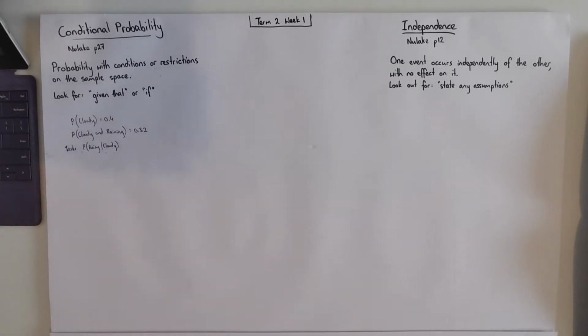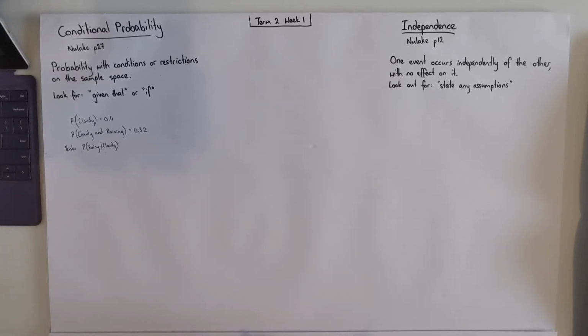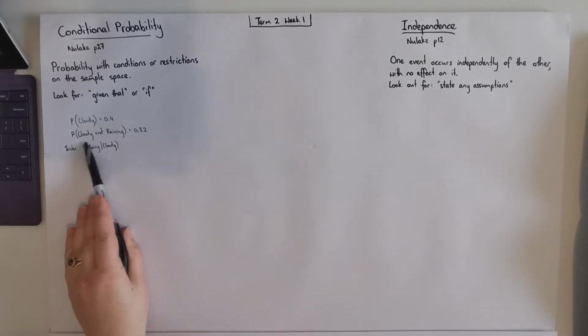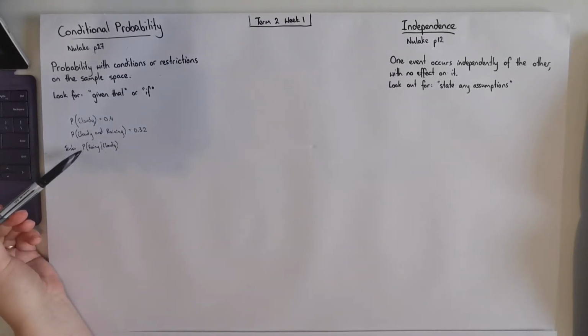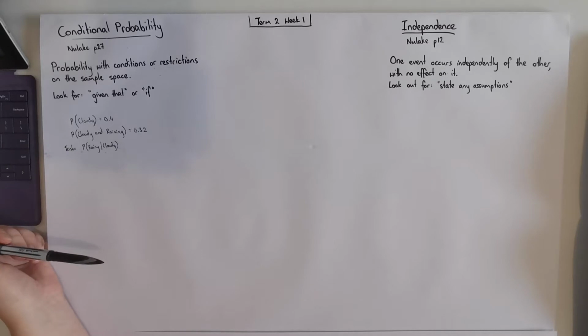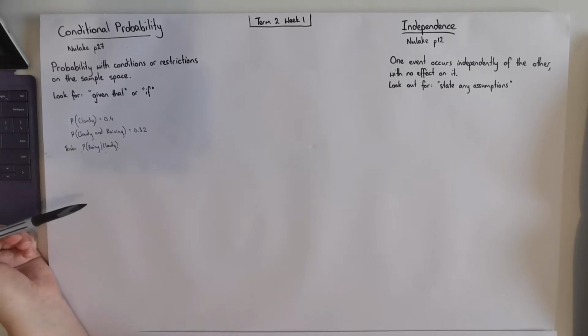Now, I know that I have used this notation a little bit in class, but if you've forgotten, this vertical line here, it's not an L, it's not a dash or a slash or anything like that. That is the notation for given that. So when I read this probability out, excuse the smudging of the ink, that reads probability of it being a rainy day or raining, given that it's cloudy. Or alternatively, what is the probability of it being a rainy day if it's already cloudy?